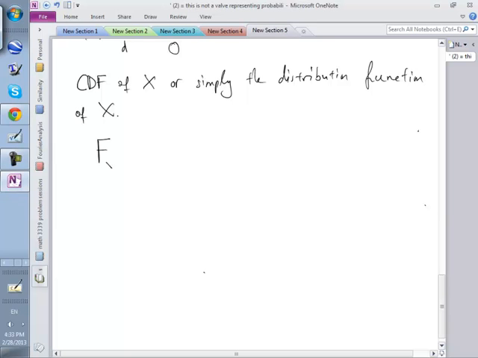So the cumulative distribution function of x, which again I denote with F, but I use the capital sign, is defined for every a real, so it takes this a to be real, and it's the integral from negative infinity to a of the density.